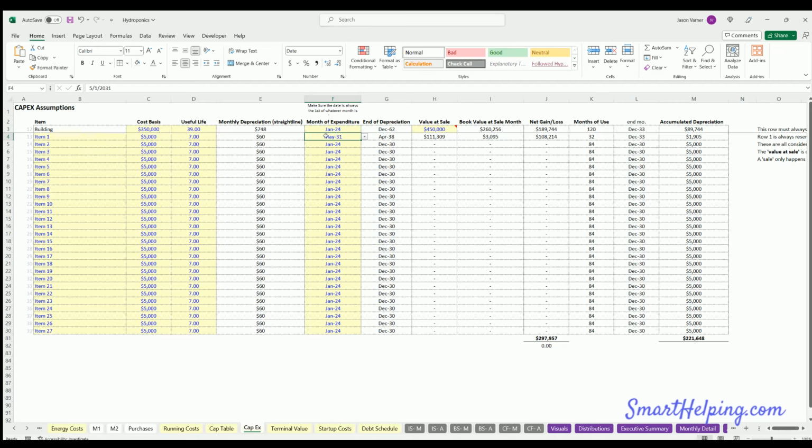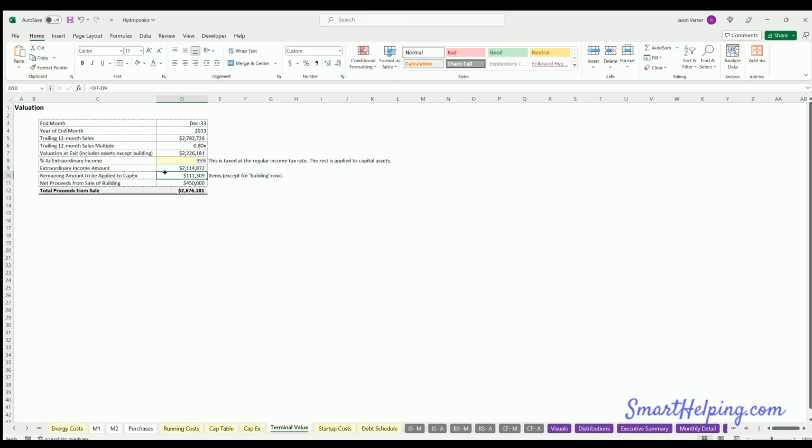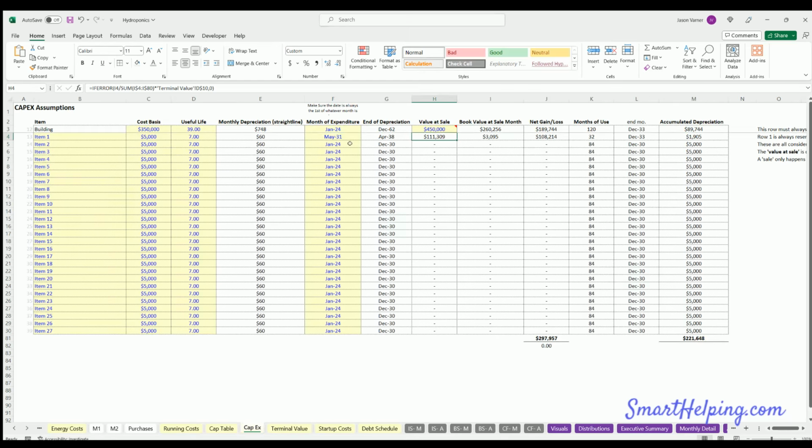So now there's still useful life left when it's sold, so we're calculating some value at sale based on what, and this will just prorate the value based on the total we're putting here, which is going to be the reciprocal of this percentage. So if we're saying 5% of this, 2.2 million, is going to CapEx, and that is going to apply here. Now, if there were a couple more items, you see how that'll adjust now.